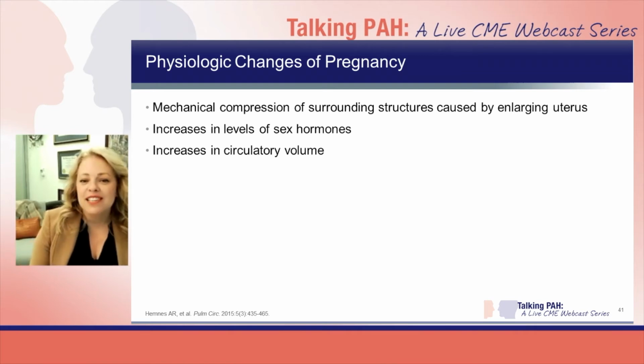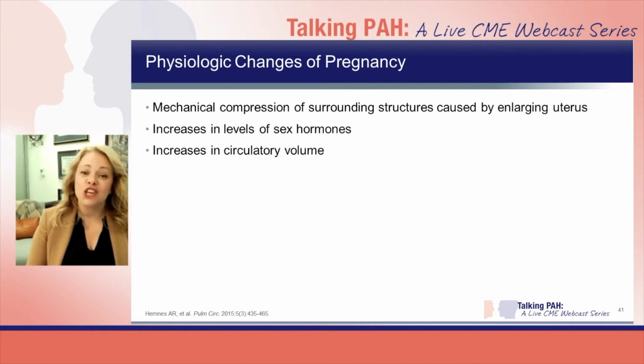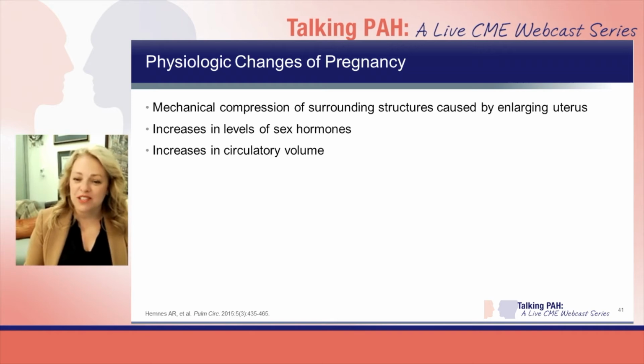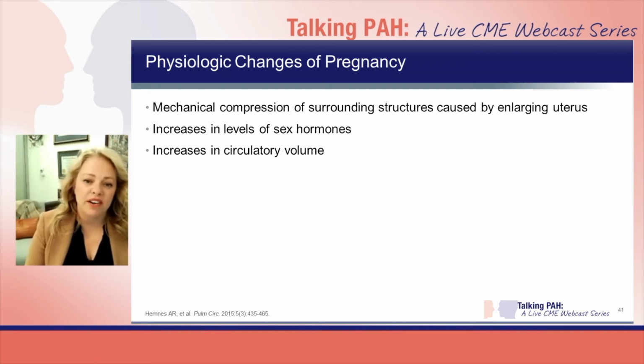There are several physiologic changes of pregnancy that are poorly tolerated by a person who has baseline pulmonary hypertension. First off, the uterus obviously is enlarging, and as it enlarges, there's mechanical compression of surrounding structures in the abdomen, notably the IVC, which is giving that return back to our right heart.